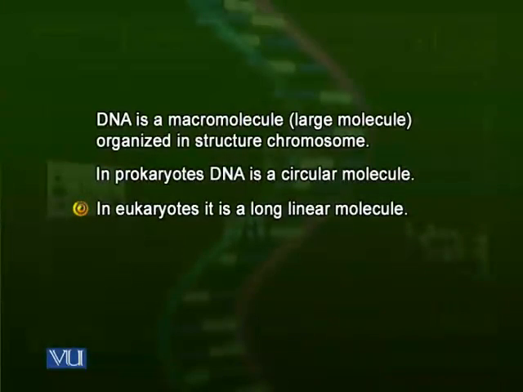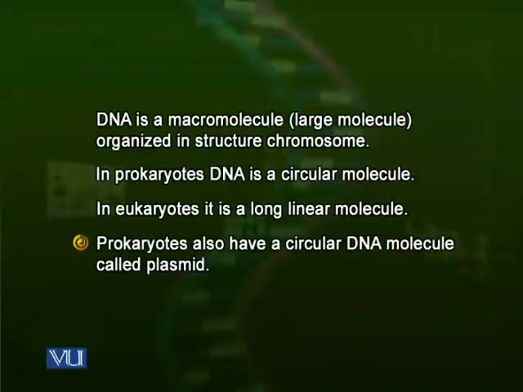In eukaryotes, the DNA molecule, the chromosome, is a long linear DNA molecule, whereas in prokaryotes it was a circular DNA molecule. It is associated with different types of proteins, histone and non-histone proteins.